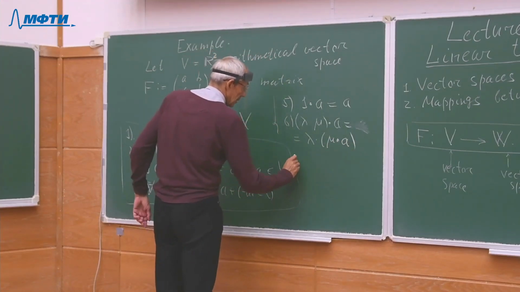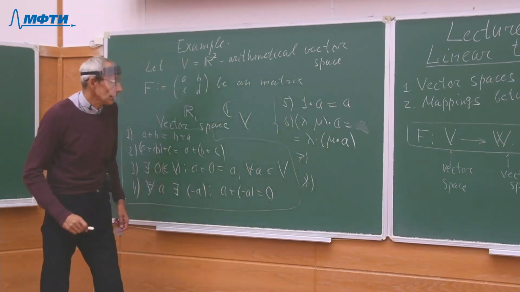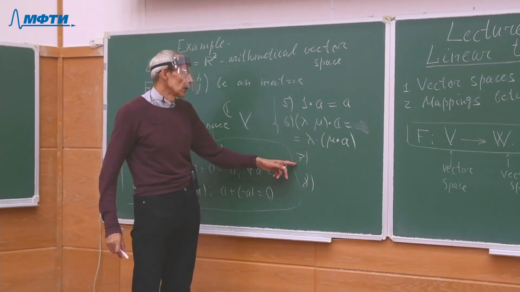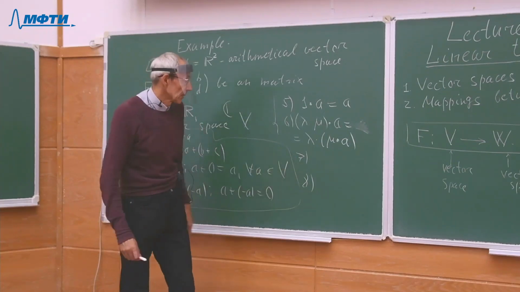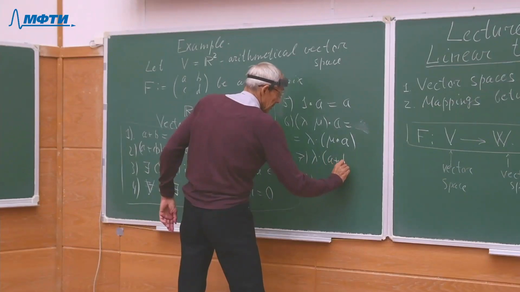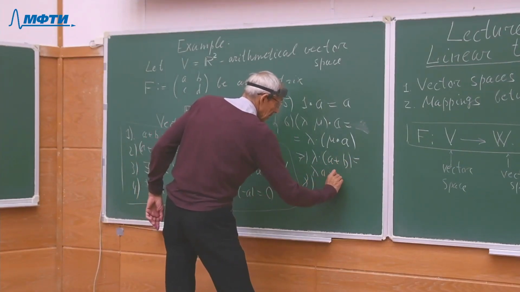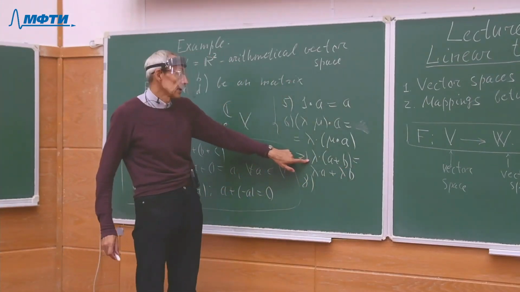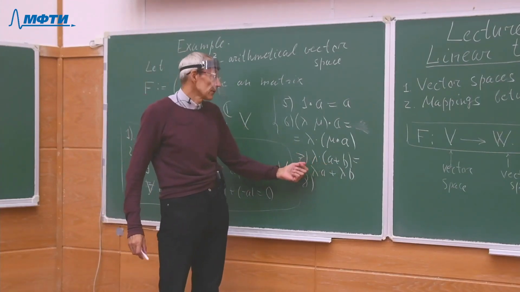And we have two axioms of so-called distributivity, the axioms which connect scalar multiplication and vector addition. First of all, if we have a scalar lambda and two vectors A and B, we obtain the following equality.